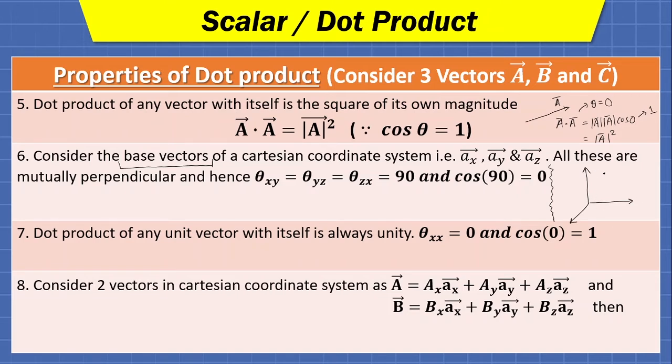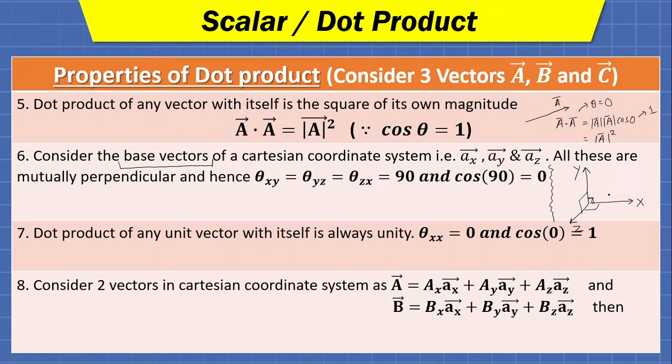So here for example I have shown you the three-dimensional Cartesian coordinate system. So we have x, y and z directions, and all are mutually perpendicular, that is x and y form a 90-degree angle with each other. Similarly y and z and x, all three principal directions are mutually perpendicular.